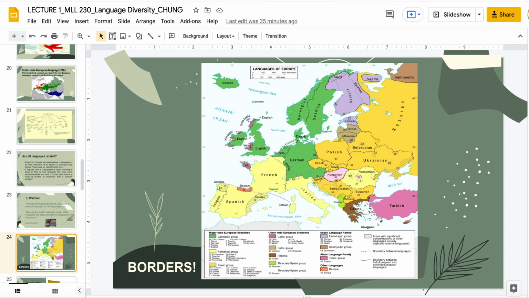And just take a look at some of these languages. What I mentioned earlier, just because you're from Spain doesn't always mean that you'll speak Spanish, right? Sometimes you'll speak Catalan, Basque, Galician, right? So there's lots of different language varieties that we have here.